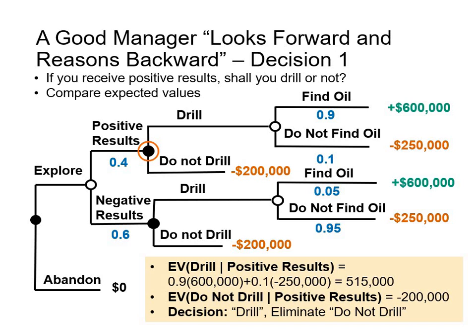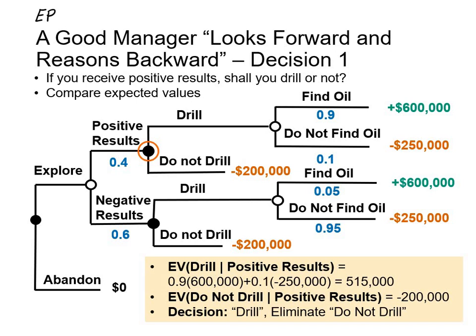So what we need to do is we need to now calculate the expected payoff. So after we got a positive result, there is a 0.9 probability that we make 600,000. So what we actually do is we say, what is the expected payoff if you drill?